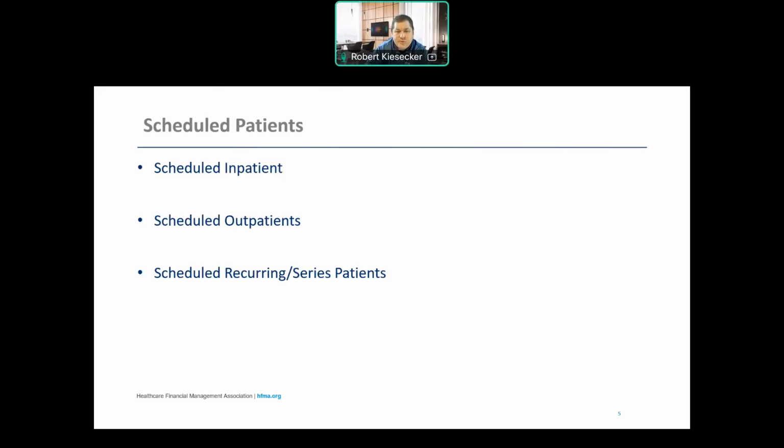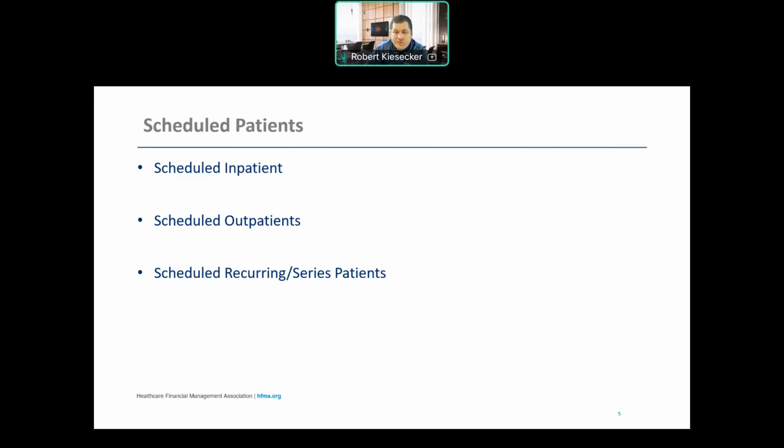Within scheduled patients, we break this down even more. We look at scheduled inpatients. These are individuals who may be coming in for a long-term surgery. We know that they're going to be an inpatient for an extended period of time.